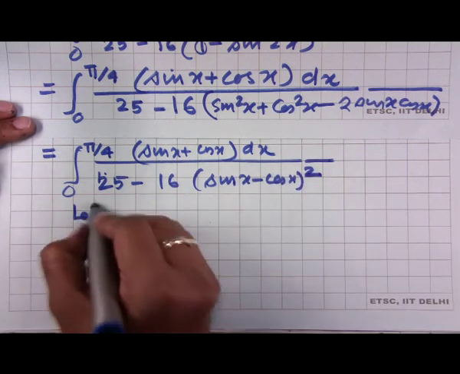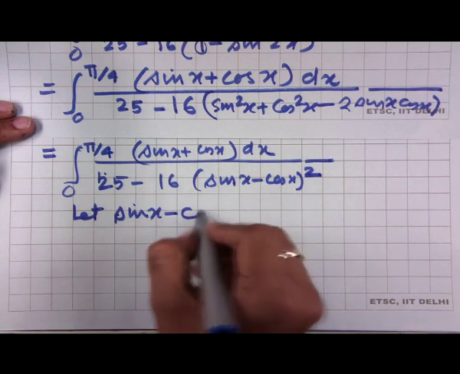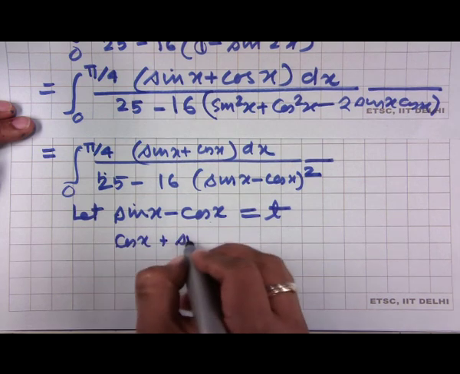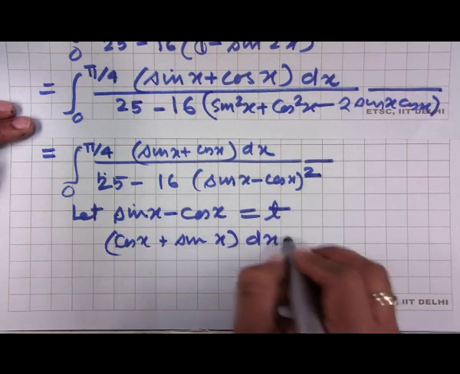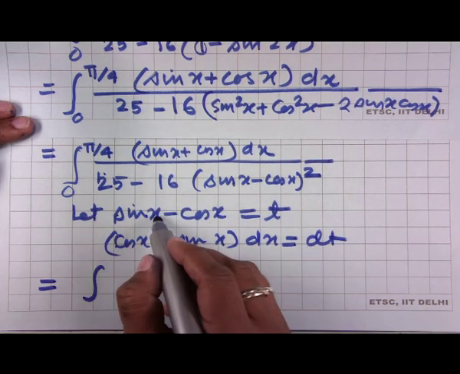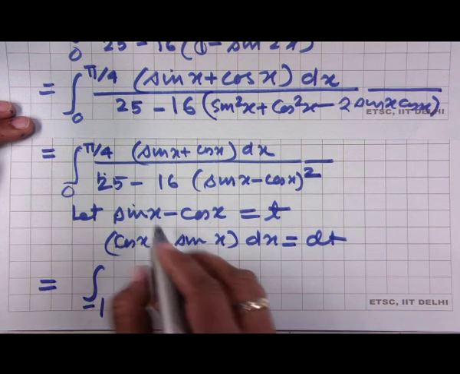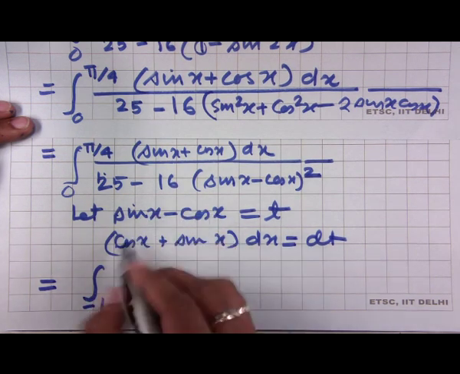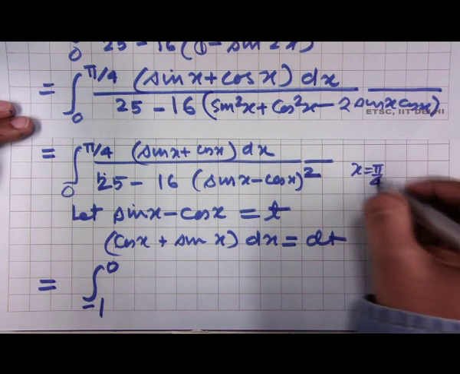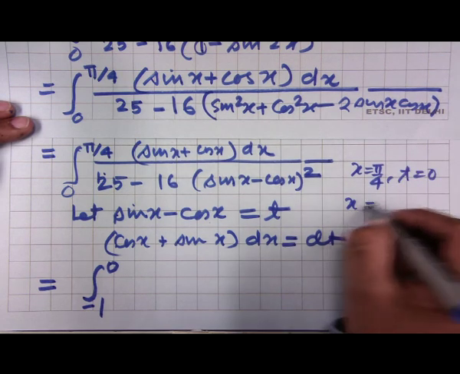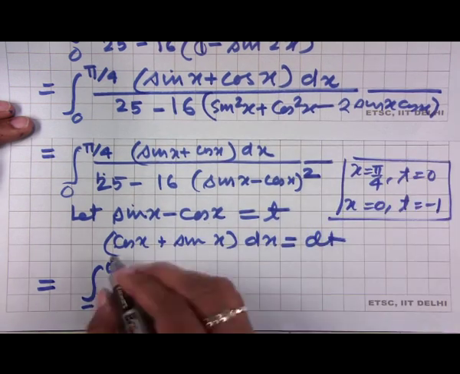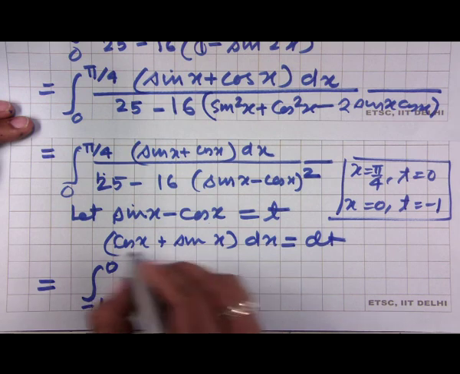Now let sin x minus cos x be t, so cos x plus sin x dx is dt. This will change the limits. So sin 0 is 0, cos 0 is 1, so t at x equals 0 is minus 1, and at pi by 4 both sin and cos values are same, so t is 0. Hence you have these limits minus 1 to 0, and you get this as dt.